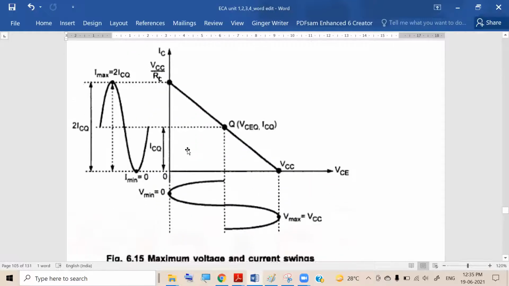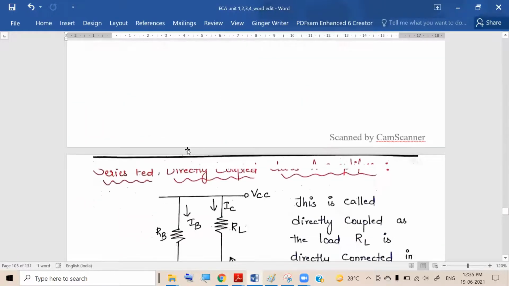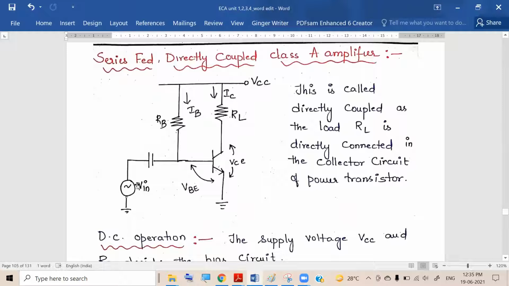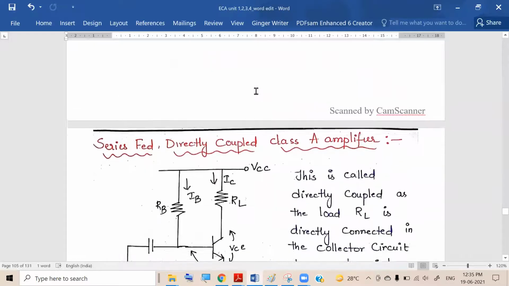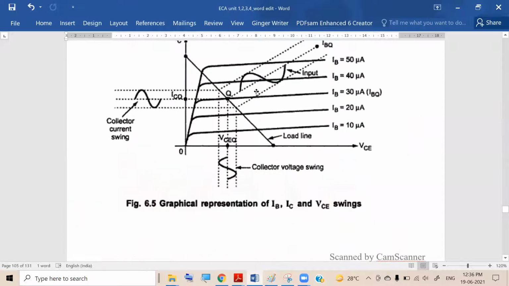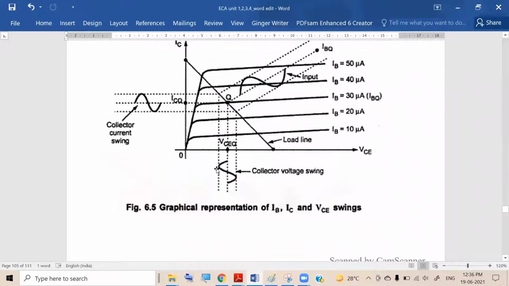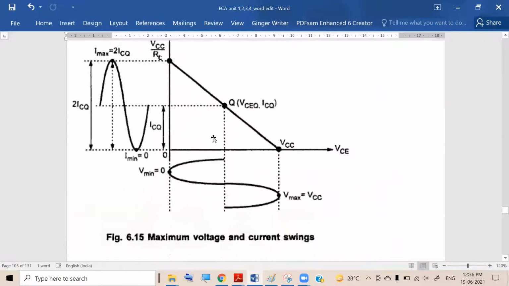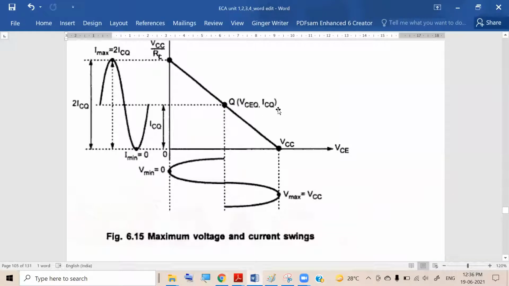When you don't give any input in this circuit, still you have fixed voltage and current flowing through the transistor due to this VCC, the DC supply. That fixed value is nothing but your Q point, with x coordinate VCEQ and y coordinate ICQ. Together you call it VCEQ comma ICQ.